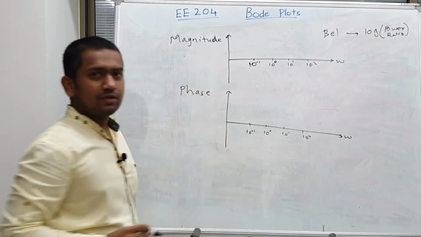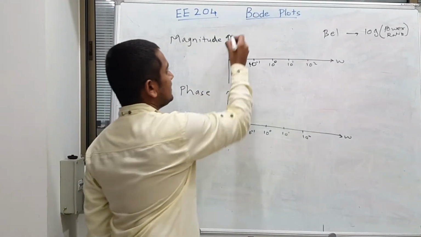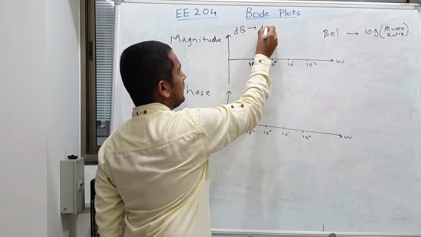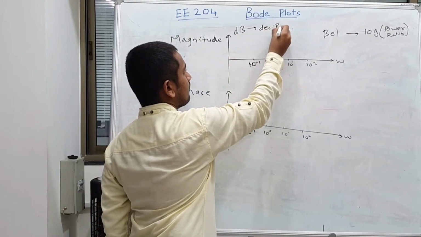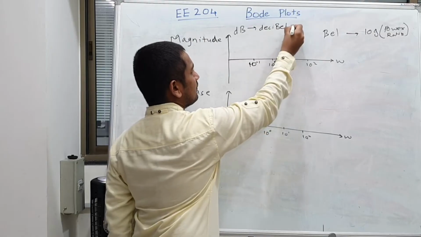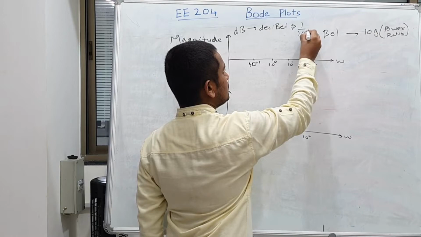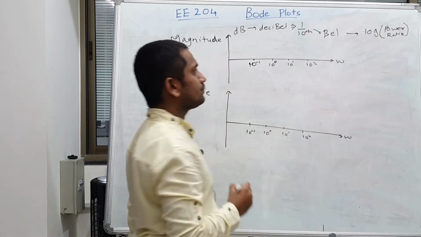The unit used in Bode plot is dB. dB means decibel, while deci stands for 1/10. So it is 1/10 of Bell.